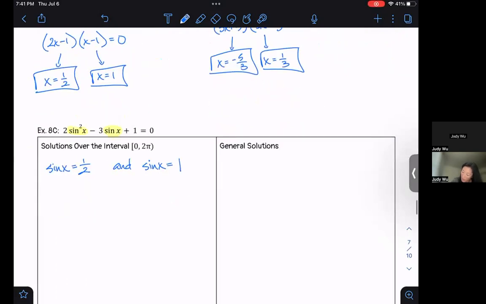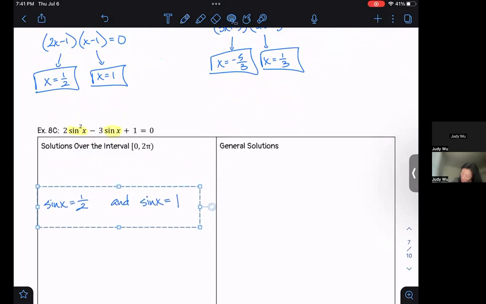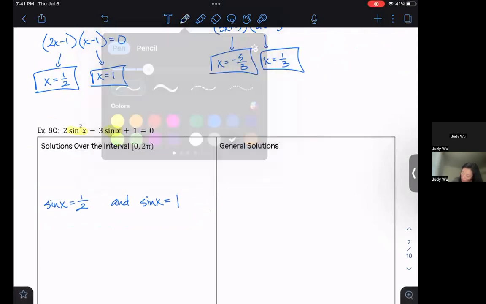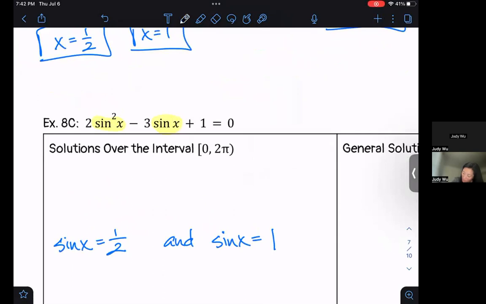Let me leave a little bit more here before we jump right there. We can really think about this as 2u squared minus 3u plus 1 equals 0 if u equals sine x.